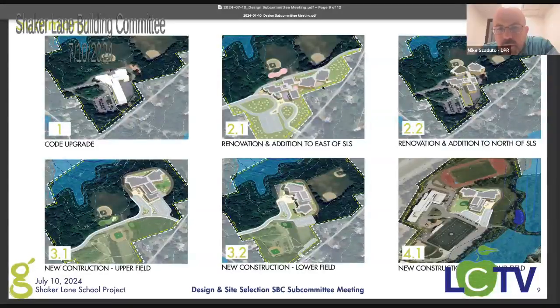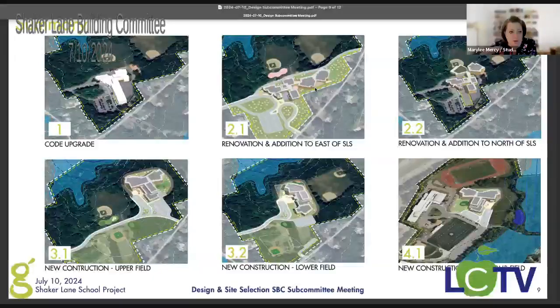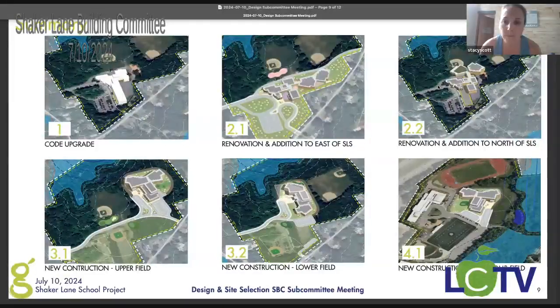Yeah. And this is a slope. So the building is going to appear lower to them because it's lower down on the slope. It will still impact them, but not as much as it would if this was a flat site. This option, the abutters are much less disturbed by the new addition.